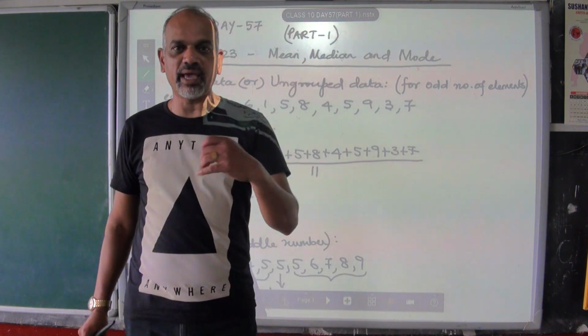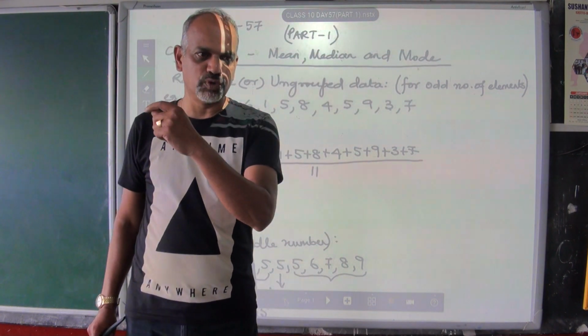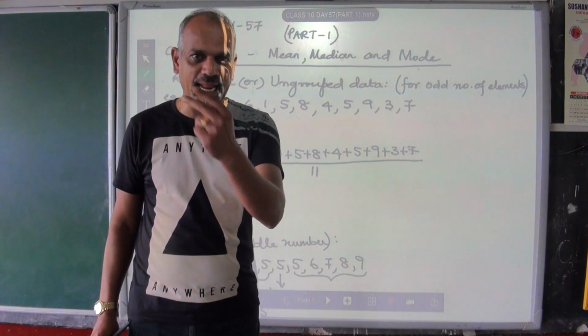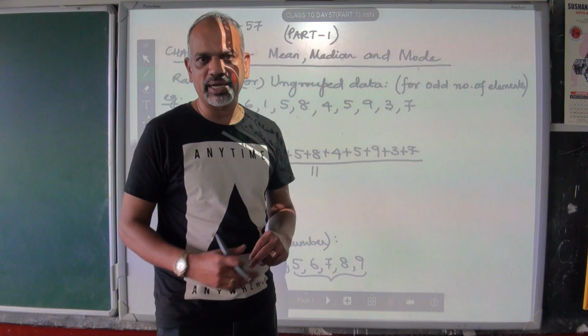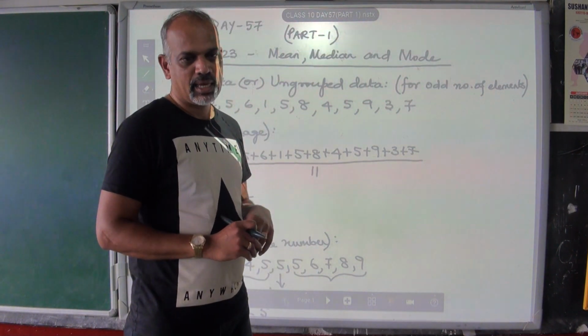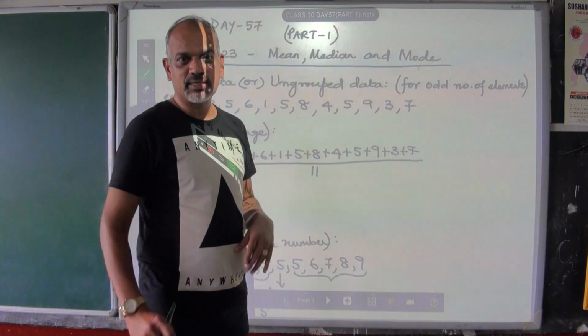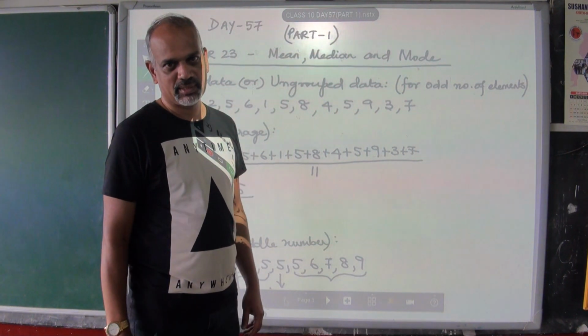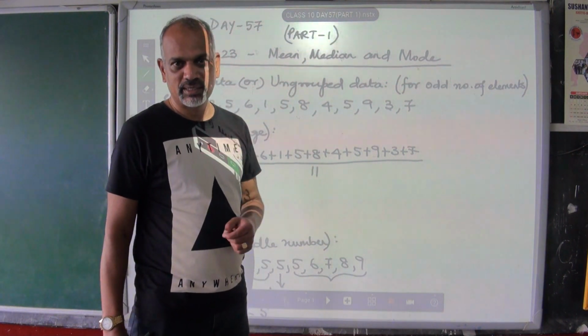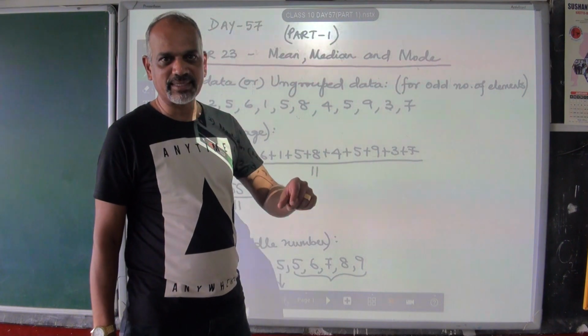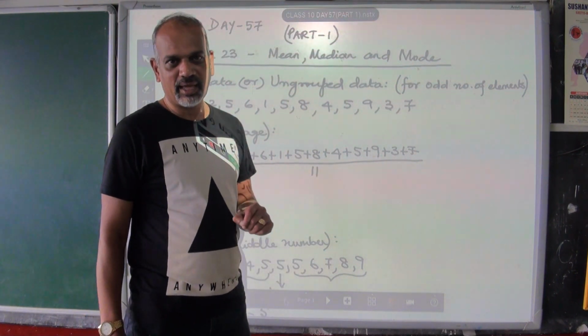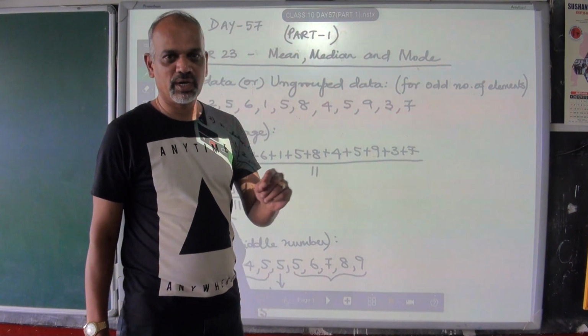So I cannot say, by looking at the two boys who got more than 90 marks, that this class is very good in English. And I also cannot judge by looking at the two boys who got less than 10 and say that this class is poor in English.